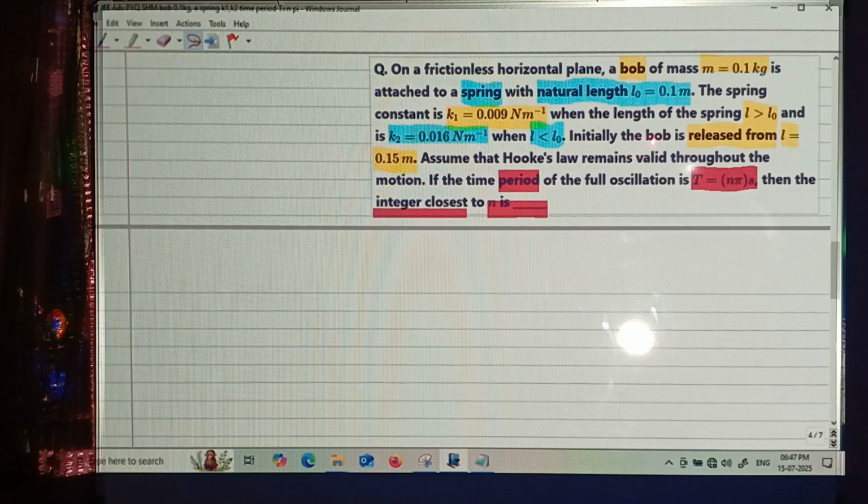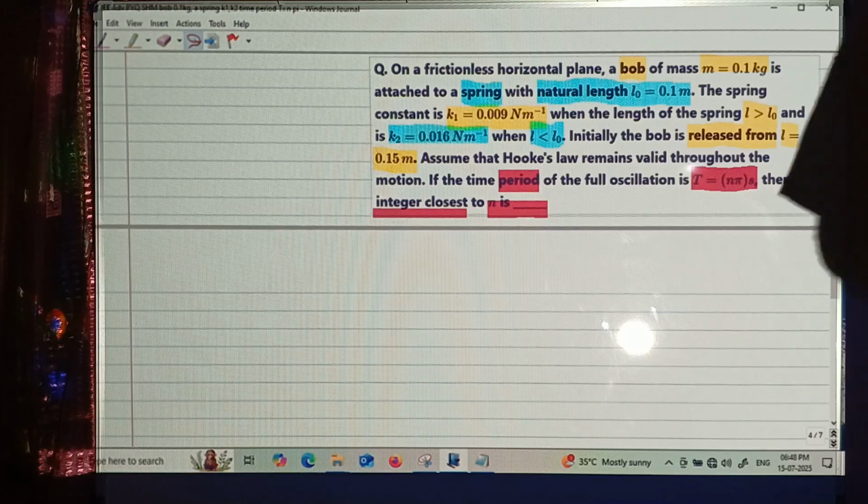Initially, the bob is released from L equal to 0.15 meter. Assume that Hooke's law remains valid throughout the motion. If the time period of full oscillation is T equal to n pi seconds, then the integer closest to n is dash. You can pause and try this question.